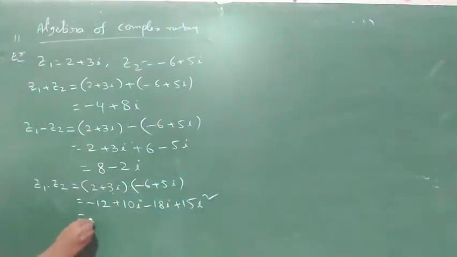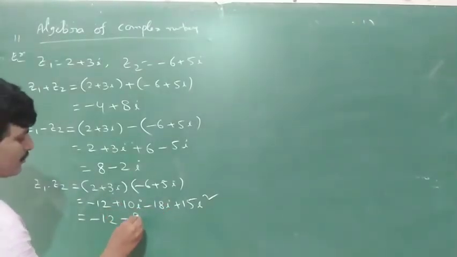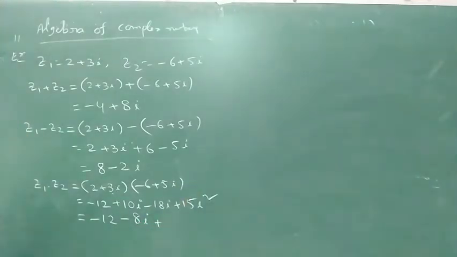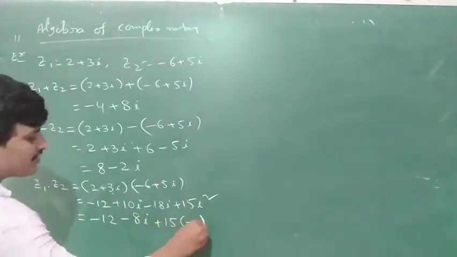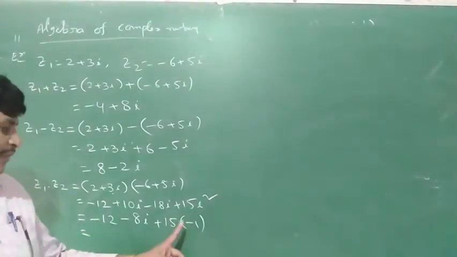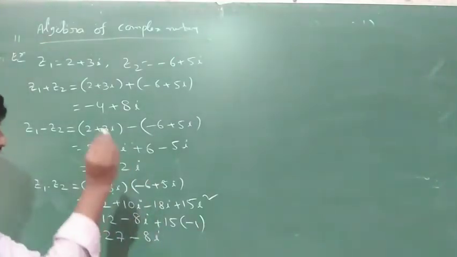So that is equal to minus 12 plus 10i minus 18i, which is minus 8i, plus 15 into i square. 15 into i square, where i square is equal to minus 1, so 15 into minus 1 is minus 15. Minus 15 minus 12 is minus 27, minus 8i.